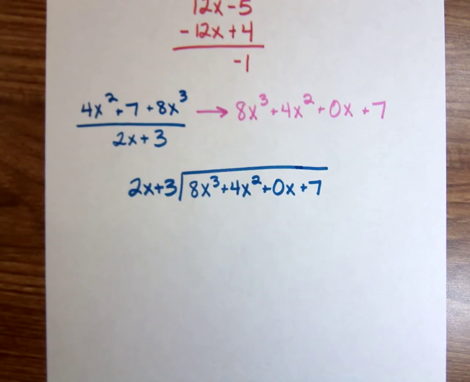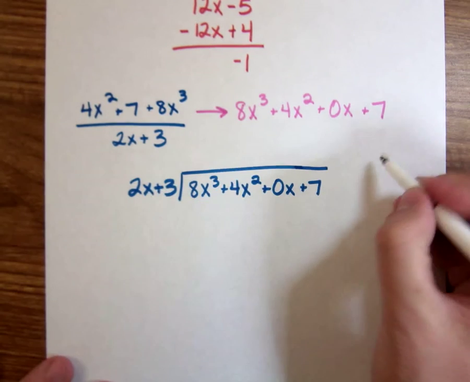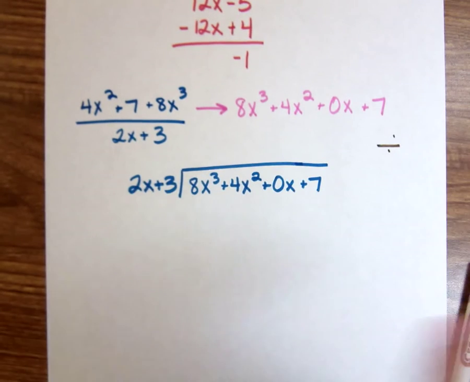What's the name of the division symbol? Ah, it's called an obelus. O-B-E-L-U-S. Obelus. Oh no, I'm sorry. The obelus is this thing. That's the obelus.